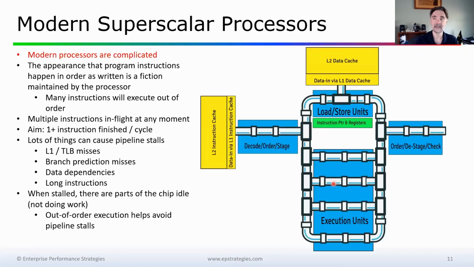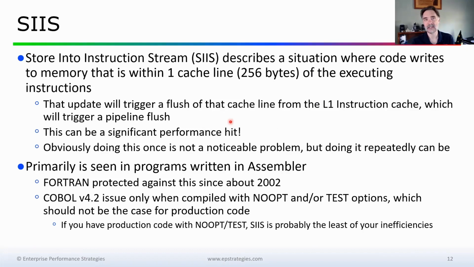Okay, so basically what's happening is you have instructions that are sitting here in L1, but you just did a store which happens to be to the same area as where your instructions are coming out of L1. Now all of a sudden the processor has to resolve that situation. It resolves that situation by flushing the pipeline, basically. So this can be a significant performance hit, right?